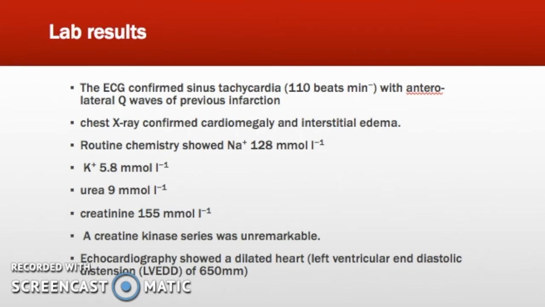Chest X-ray confirmed cardiomegaly and interstitial edema. Routine chemistry showed sodium of 129 millimoles, potassium of 5.8 millimoles, urea of 9 millimoles, creatinine of 155 millimoles. A creatine kinase series was unremarkable. An echocardiogram showed a dilated heart, with left ventricular end-diastolic distension of 650 millimeters.